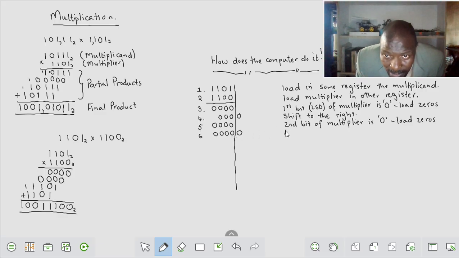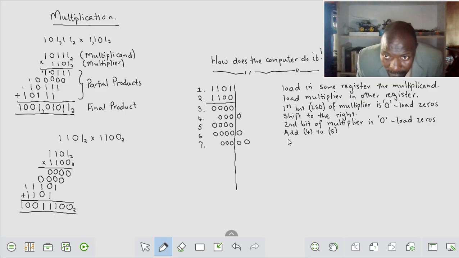So add the contents of 4 to the contents of 5. All right. So then what do you do next? You shift 1, 2, 3, because you want to work with the next bit. This guy comes here, that guy comes there, that one comes there.